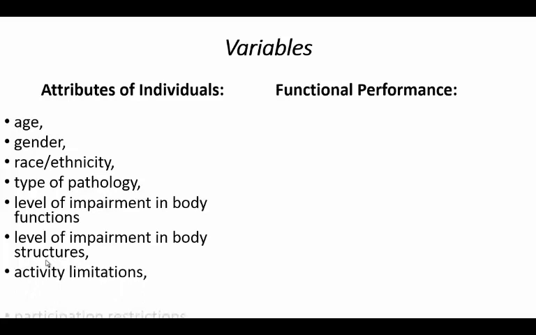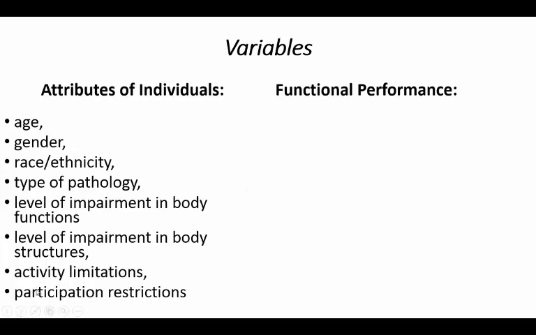Activity limitation and participation restriction. These are important variables as well: how much the pathology is affecting the level of activity of a person or his ability to participate in community activity.